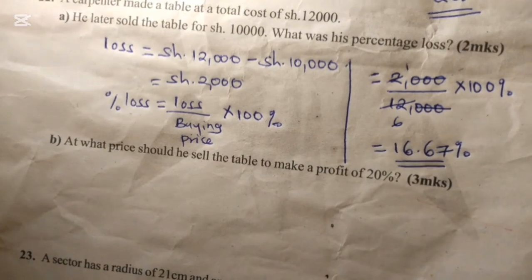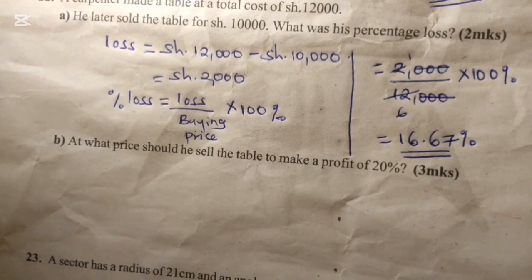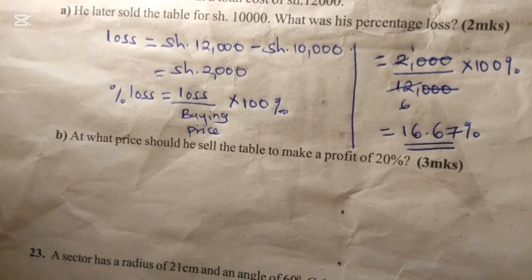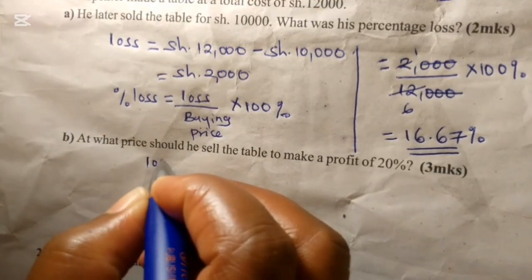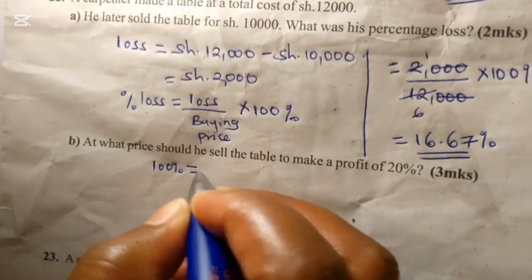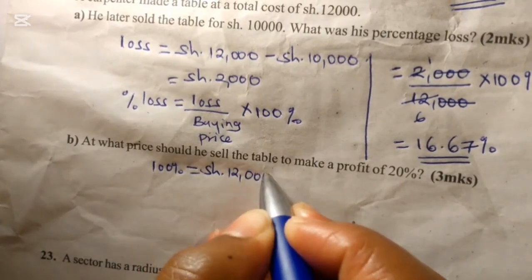So if he made the table at a cost of 12,000 shillings, then that is 100%. So I can say 100% is equal to 12,000 shillings.